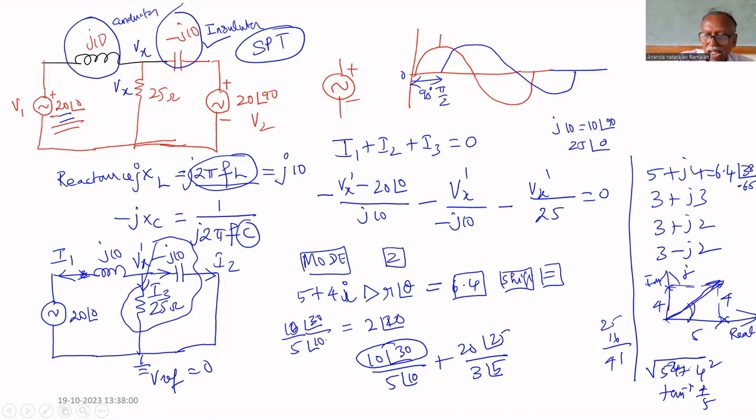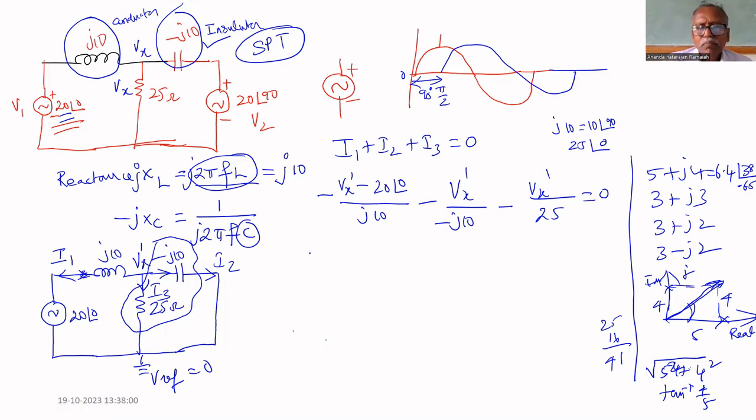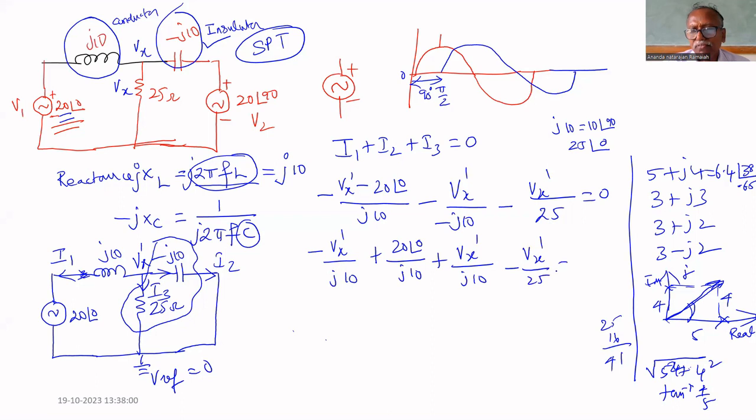Now, what is asked here? Minus Vx' divided by j10, plus 20 angle 0 divided by j10, plus Vx' divided by j10, minus Vx' divided by 25, equal to 0. These two are getting cancelled because one is positive and the other is negative.